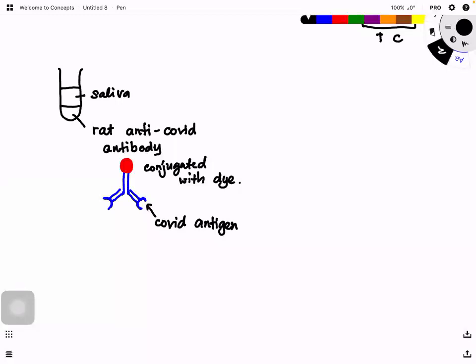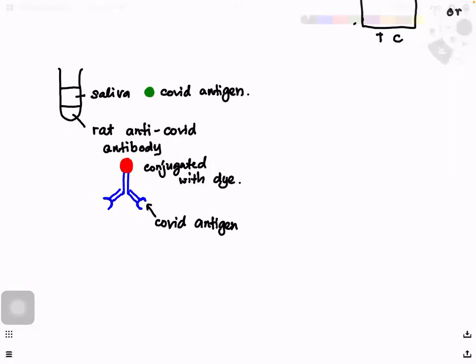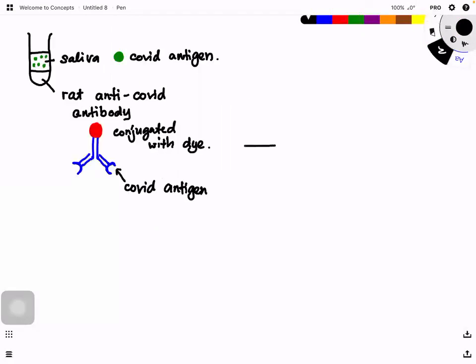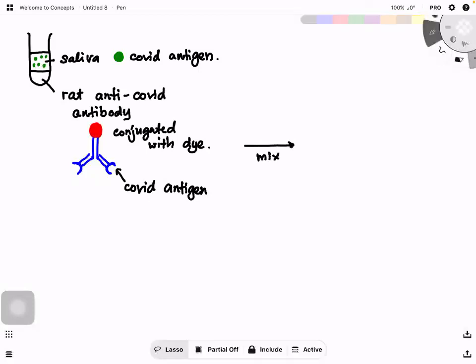Imagine this person is COVID positive, so definitely they will have the COVID antigen. The green color is the COVID antigen, so this saliva actually contains COVID antigen. Are you clear? So we mix. Once you mix it, what will happen? When you mix it together, then you can see that this... okay, let me duplicate it.